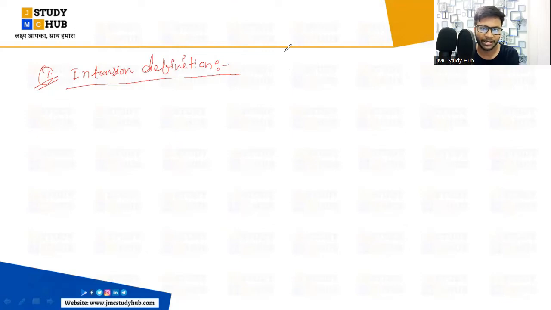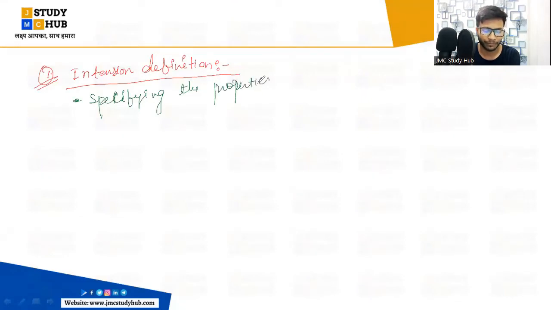Yes. So please write this whole thing. It's about the characteristics, right? So it is specifying the properties or feature, right?